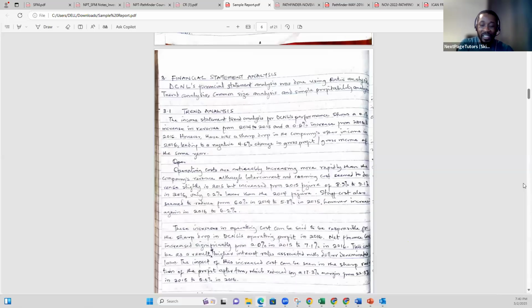ROCE increased from 5.3 in 2016 to this in 2017. The decline in ROCE is attributable to the decline in asset turnover despite the increase in net profit margin. A deeper look at the asset turnover shows that the total asset or the total capital employed increased significantly during the year.